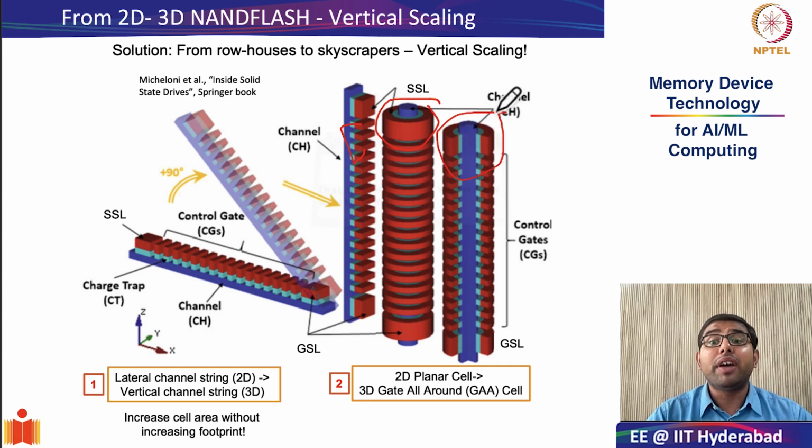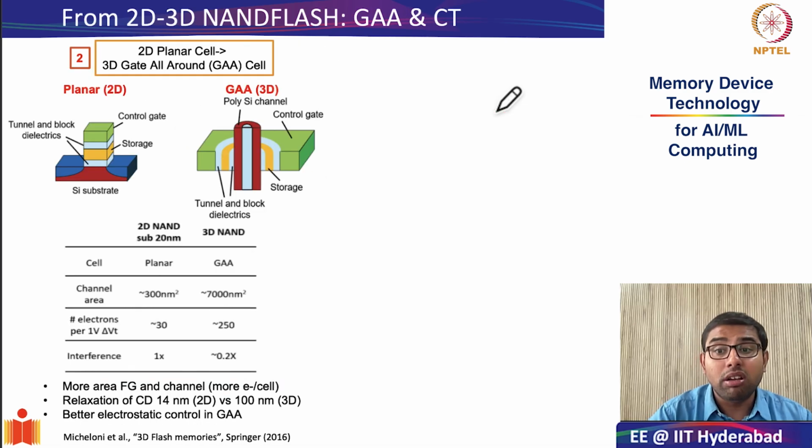Now this is a very, very big change, because a planar transistor only controls one particular surface, whereas gate all around completely wraps around the channel. Why is this major change made?